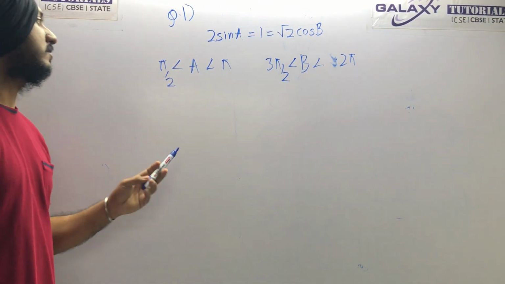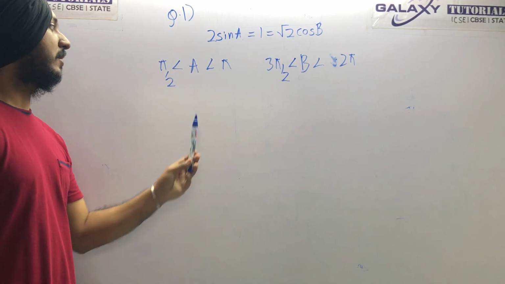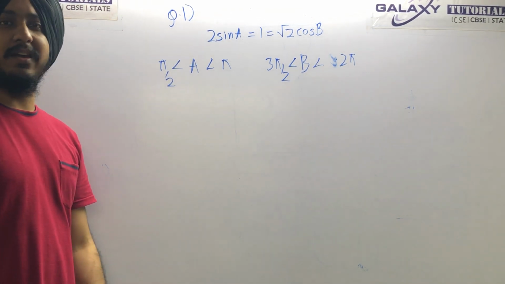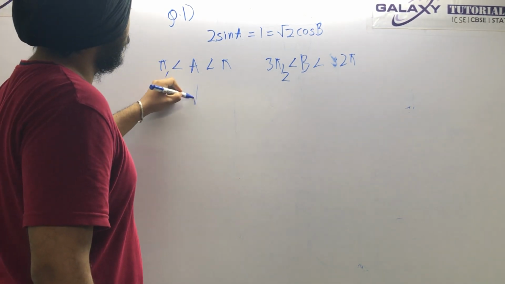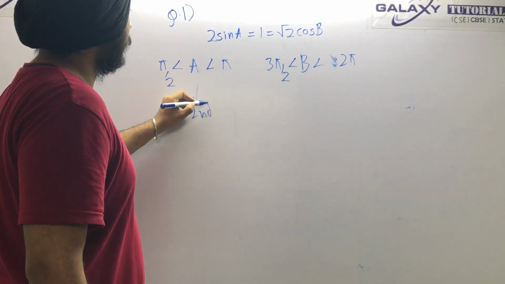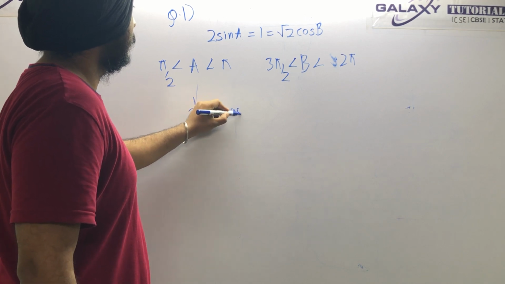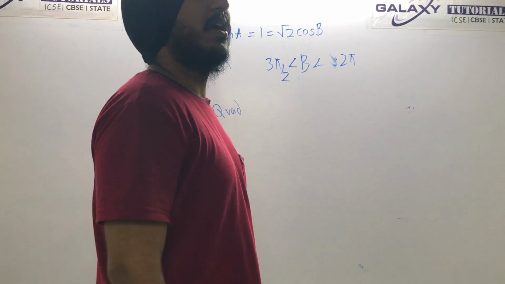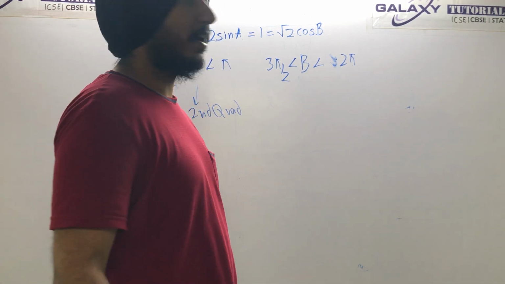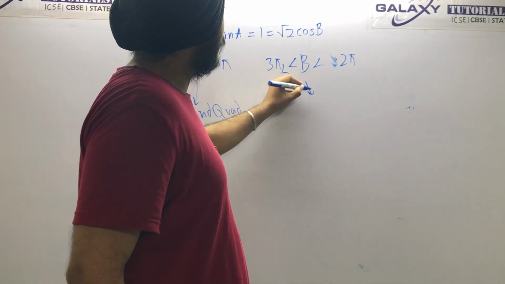The meaning of this is that a lies in pi by 2 to pi, means 90 to 180. 90 to 180 is which quadrant? It is the second quadrant. Just write the quadrants there, okay? And b lies in 3 pi by 2 to 2 pi. So that is basically 270 to 360 degrees. So that is which quadrant? Fourth quadrant.